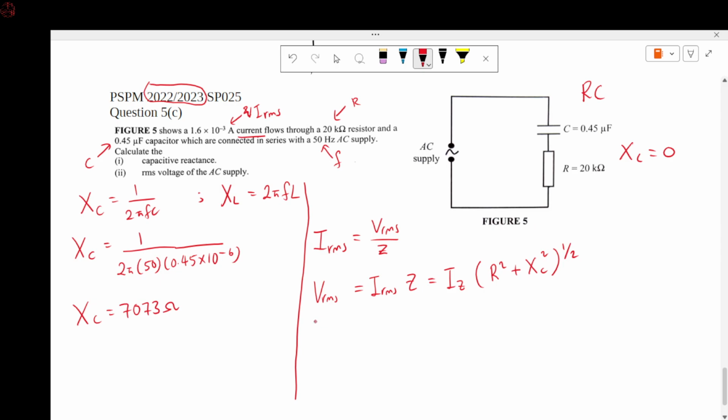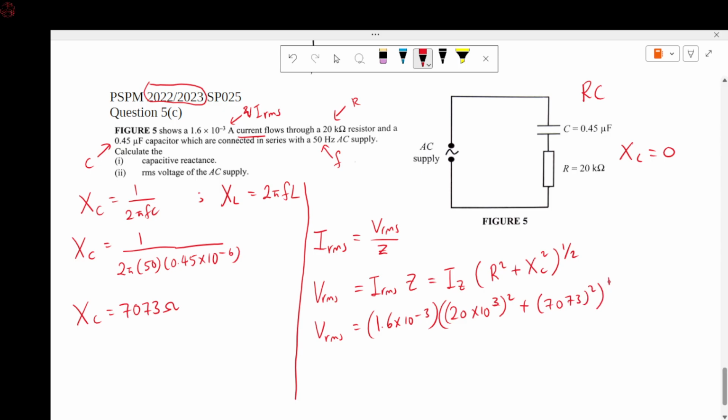Then we're left with VRMS equals, we can substitute the values, 1.6 times 10 to the power of -3, times the square root of R squared, where our R is 20k, so 20 times 10 to the power of 3, squared, plus XC, which is 7073, squared.